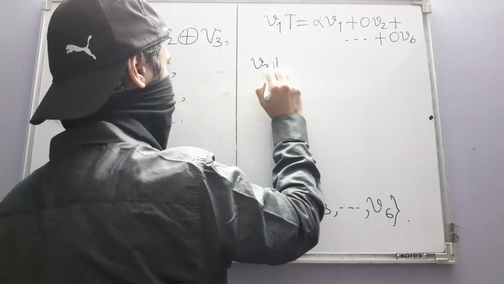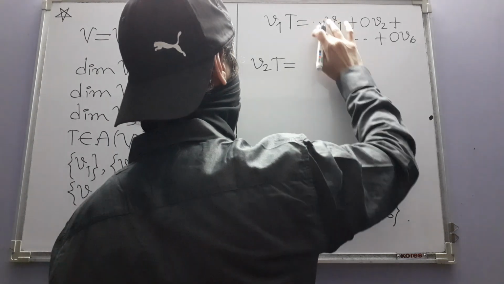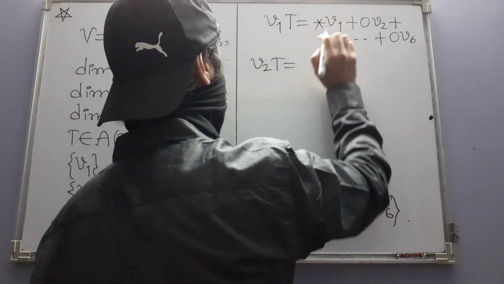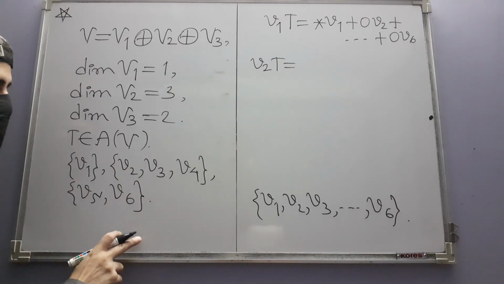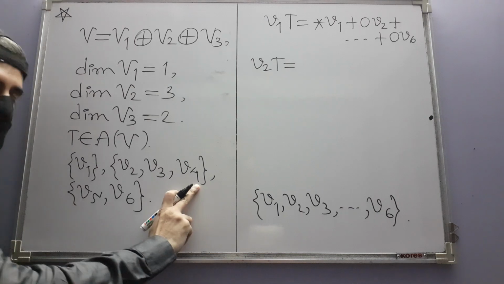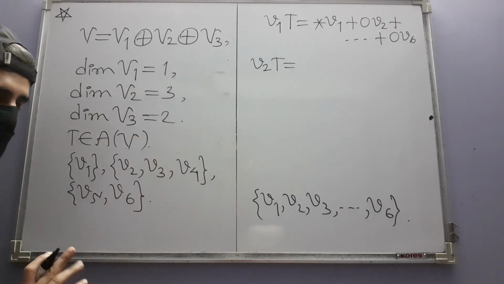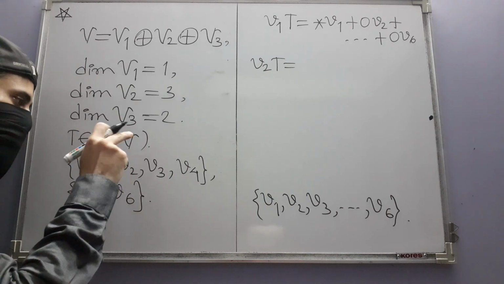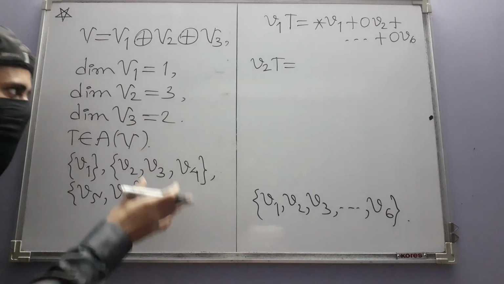What about V2T? V2T is going to have, and in fact there is no need to write anything here, just give star. We just need to see the pattern, right? In capital V2, this is the basis, and V2 is invariant under T. So when you apply T on any vector from V2, that is going to again land in V2.